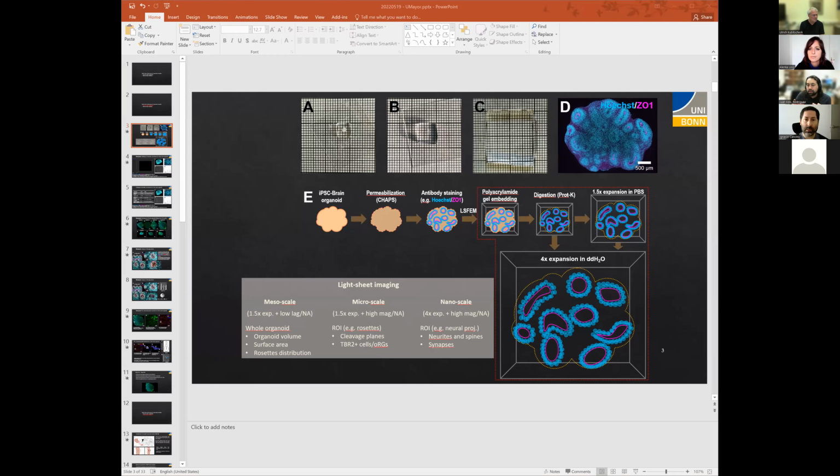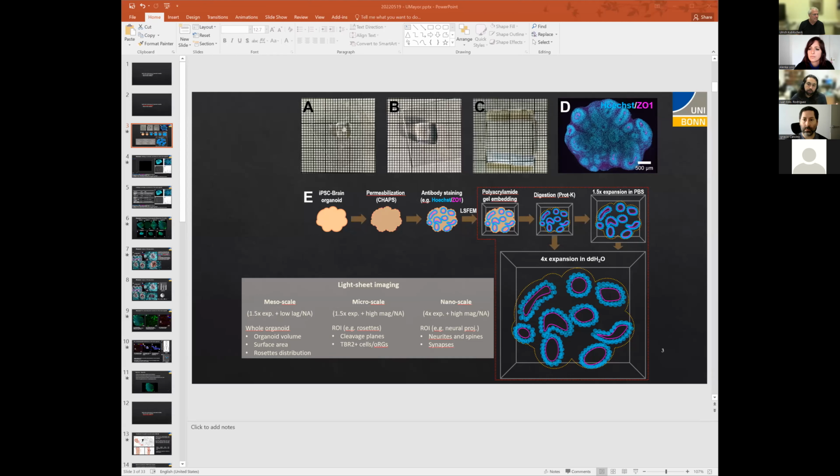There is also one advantage: of course you have a completely transparent sample when you use expansion compared to other methods, and you don't need any special objective because it's finally just water, or PBS, that you're putting there. For example, if you try to clear your sample with organic solvents, usually you need a special objective for that.